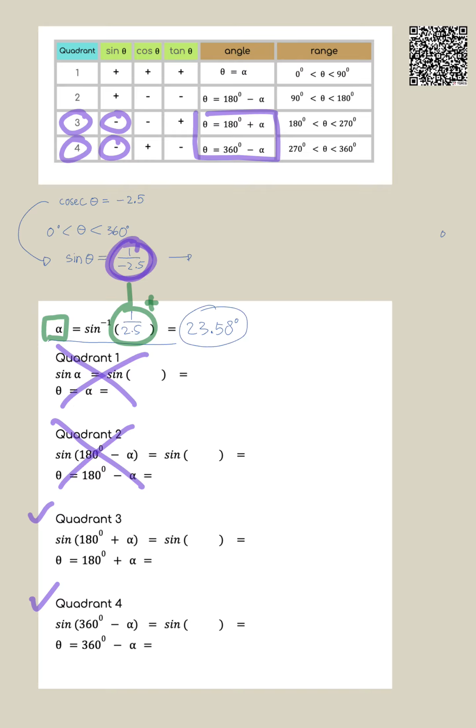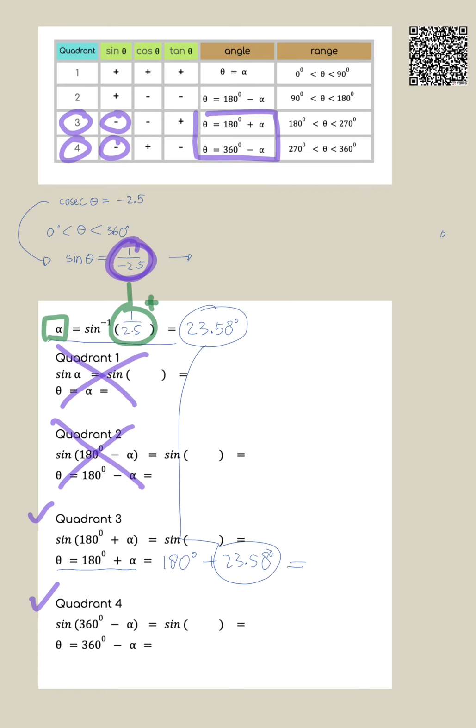And we are going to use this to get our answer for quadrant 3 and quadrant 4. So let's go to quadrant 3. Theta will be 180 plus alpha, which is 180 degrees plus 23.58 from our calculation there.